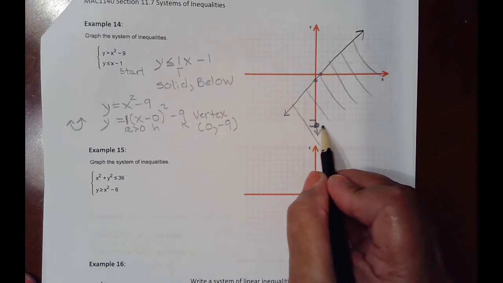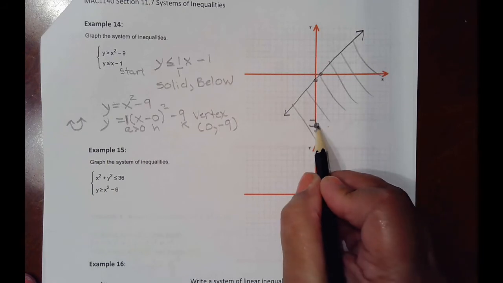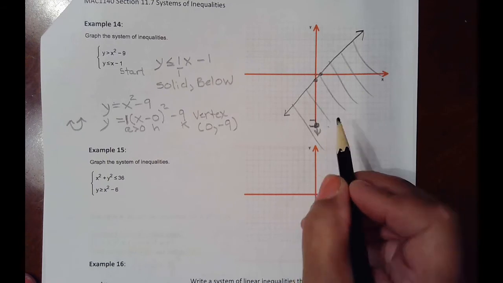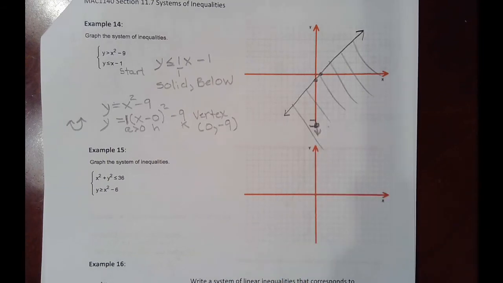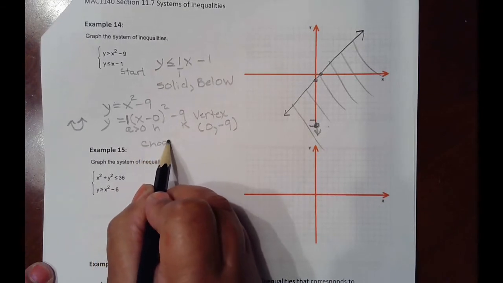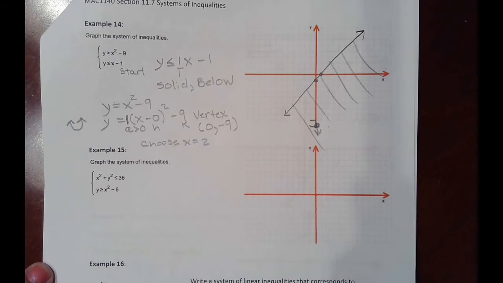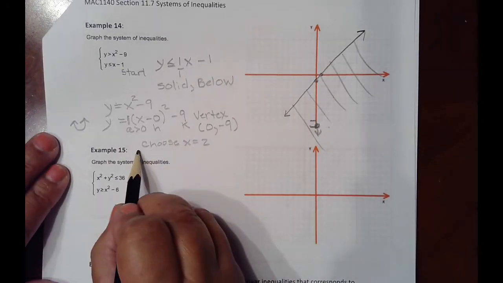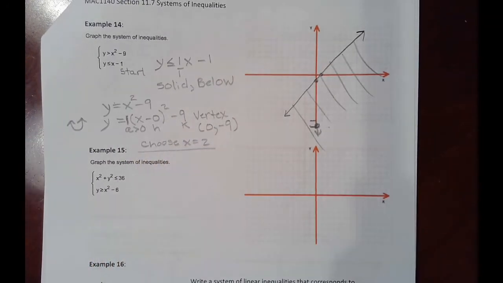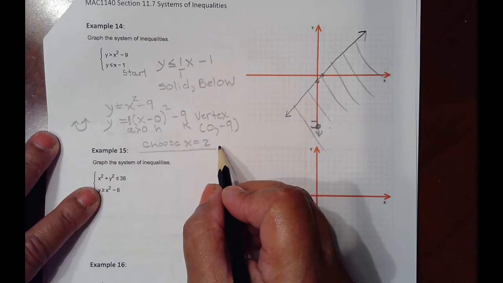I'm going to pick a point that's 2 spaces away. I like to move away from the vertex a little bit. So I'm going to move 2 spaces away, which means I'm choosing to use x equal to 2. And you're allowed to choose whatever you want for any function as long as it's within the domain, and then that means you're going to plug it in.